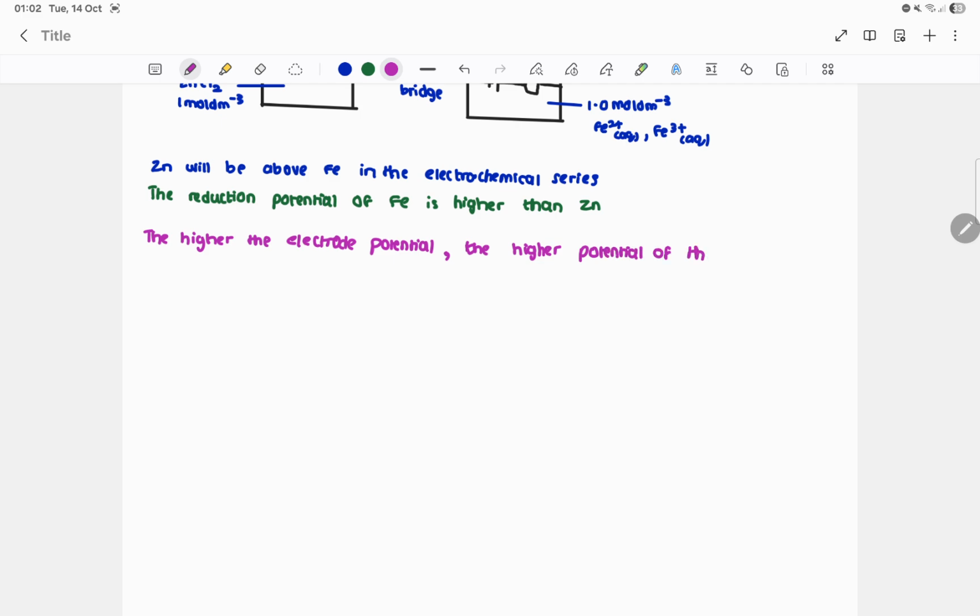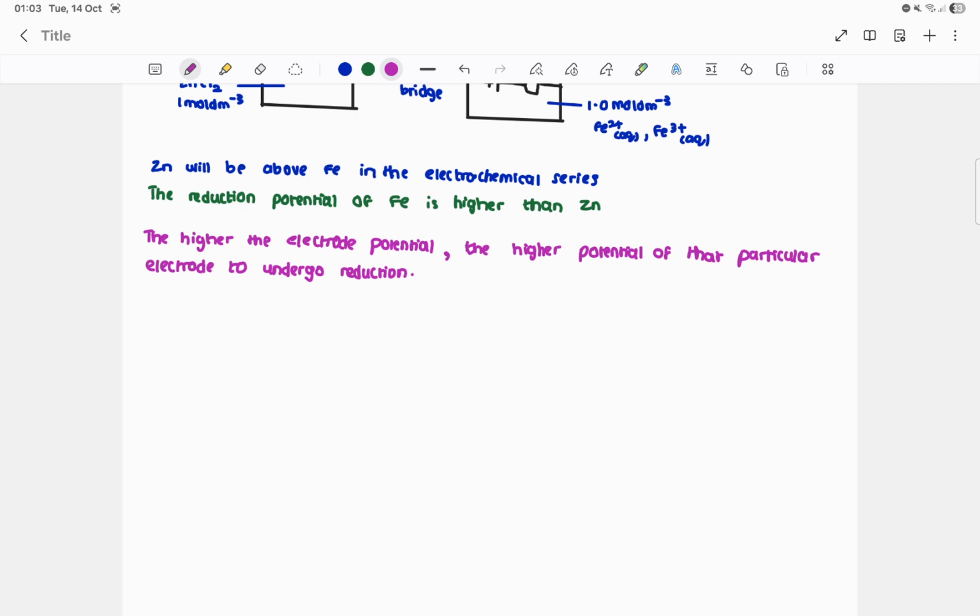to undergo reduction. If an electrode has a higher electrode potential, that means it more favorably undergoes reduction.